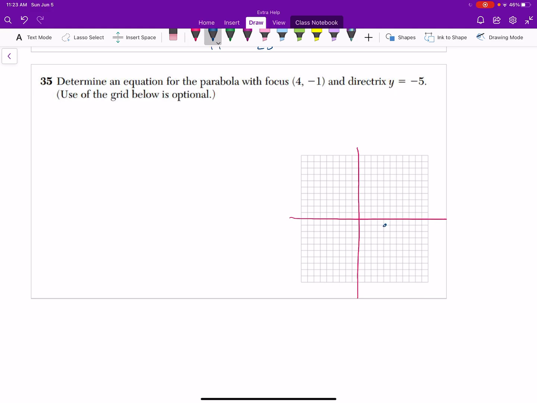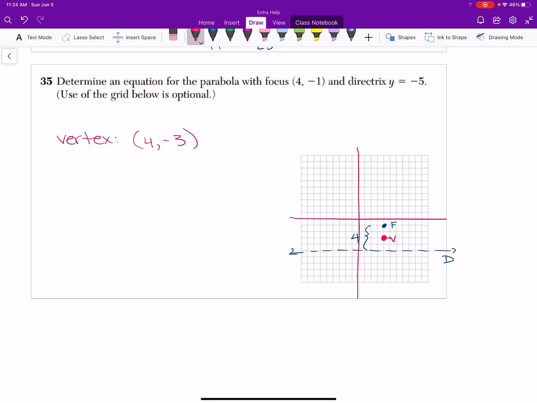We have our focus at 4, -1, and our directrix is at y equals -5. The distance between them is 4, so we're going to go directly halfway between for our vertex. So our vertex ends up being the point 4, -3.